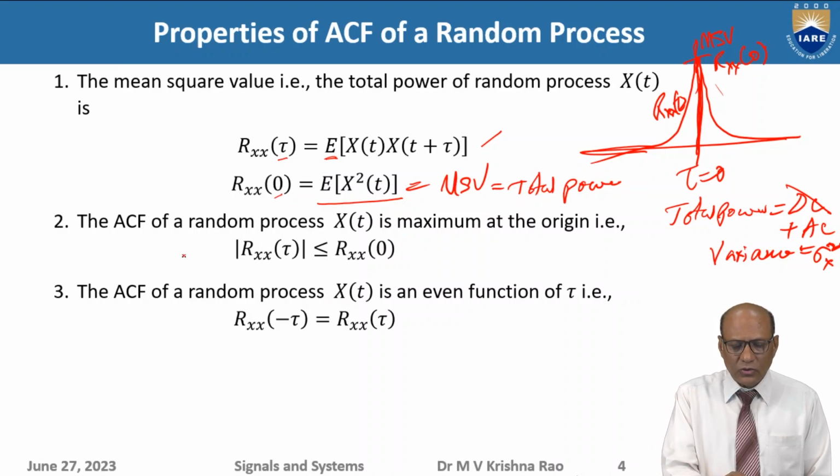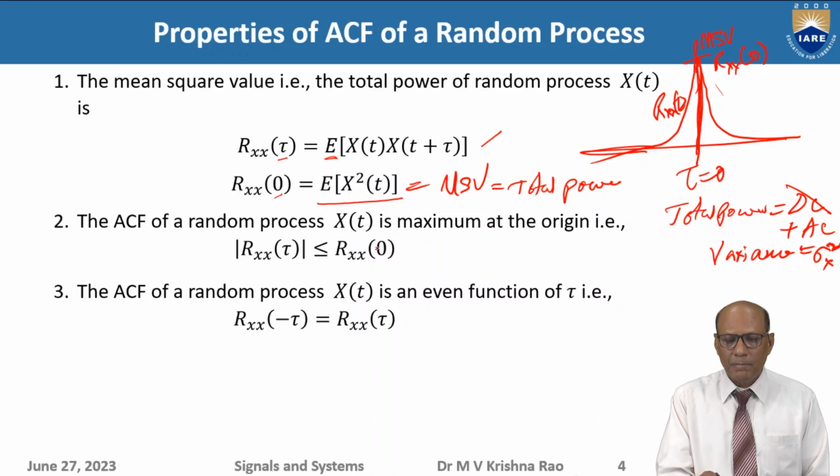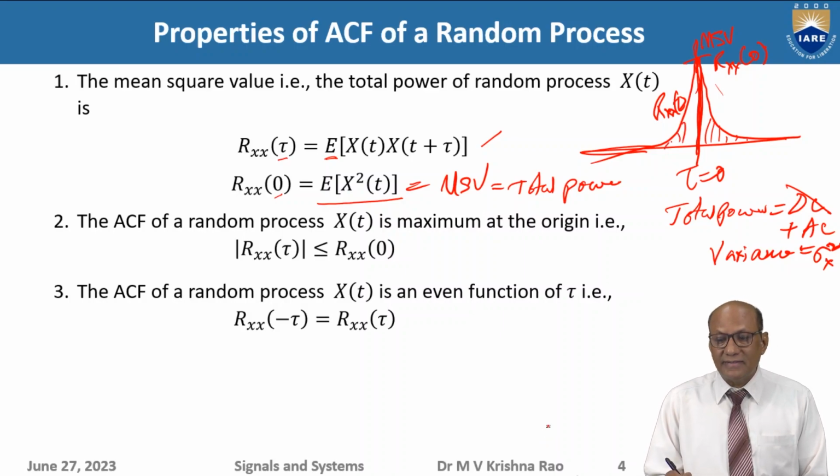Second property: the autocorrelation function of a random process x of t is maximum at the origin, that is at tau equal to 0. That means at any other value, on this side or that side, it will be less than that one.